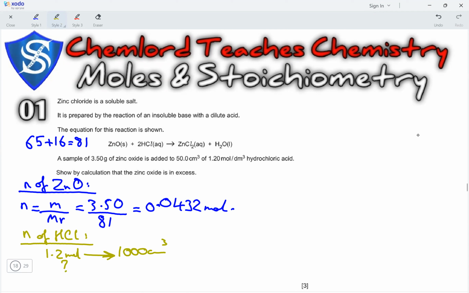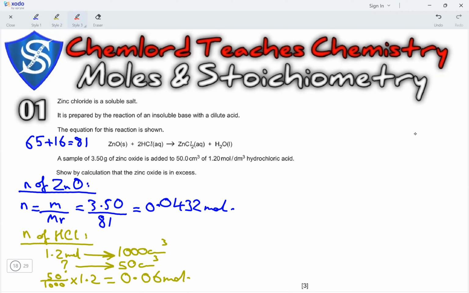So how many moles would be present in 50 cm cube which was used? This will be calculated as 50 upon 1000 multiplied by 1.2, and this gives us a value of 0.06 moles.